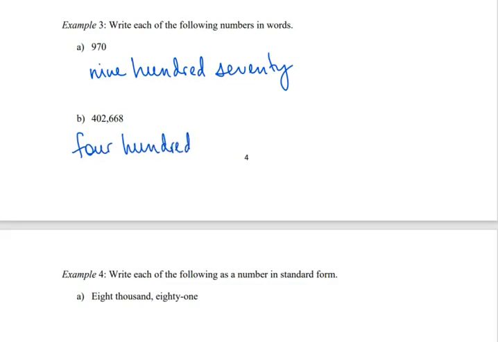Then you're going to skip that 0 because it's just 402. You don't have to say ones. So you name that 402 as 402. Now you need to attach the place value to it, thousands, and then you keep going.